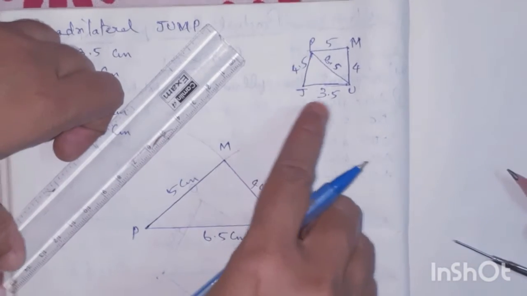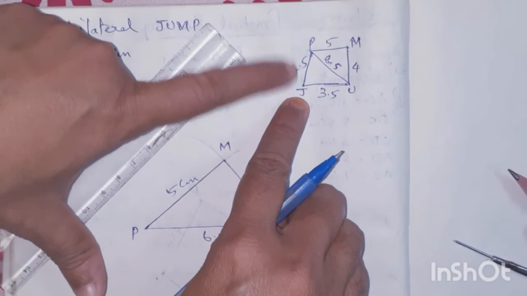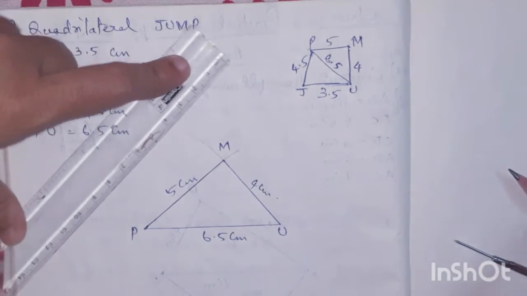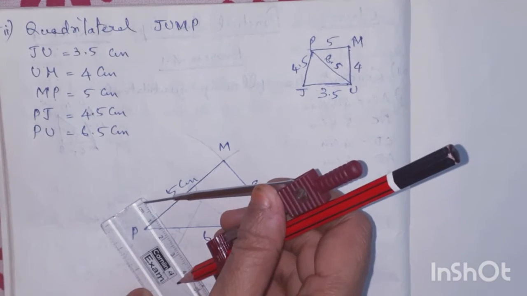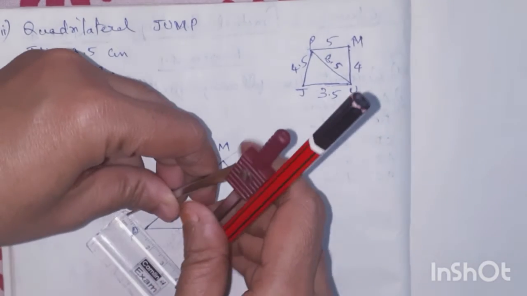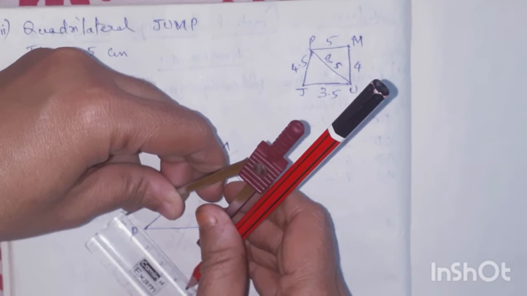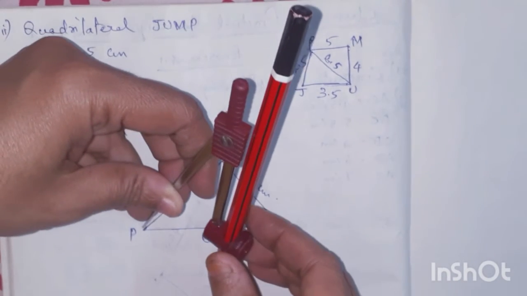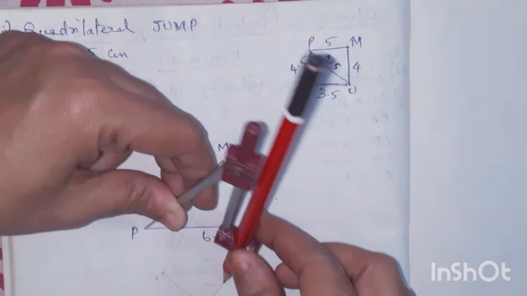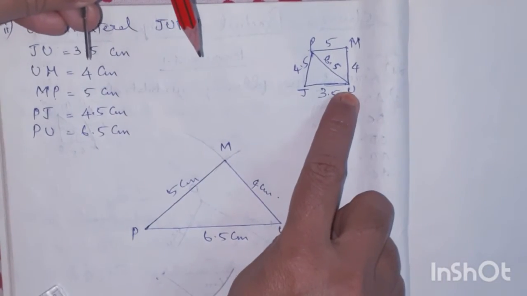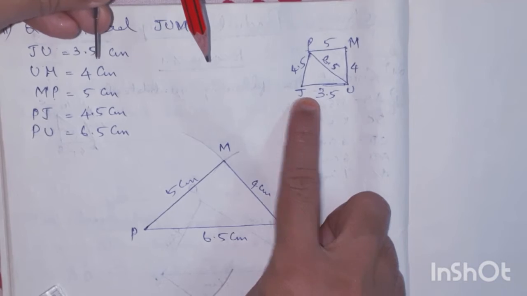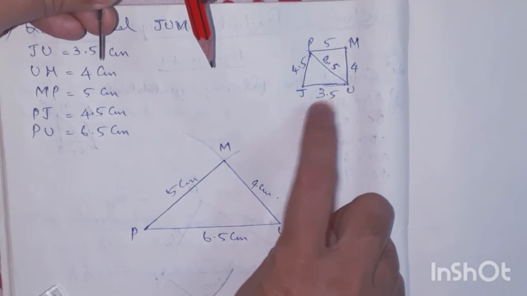Now from P we can draw 4.5 centimeter. Then from U we have to mark J. From U 3.5 centimeter.